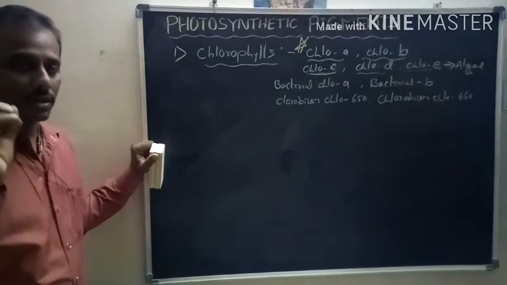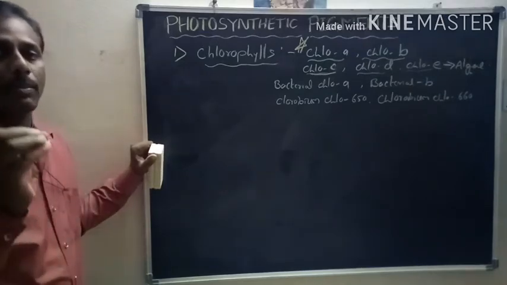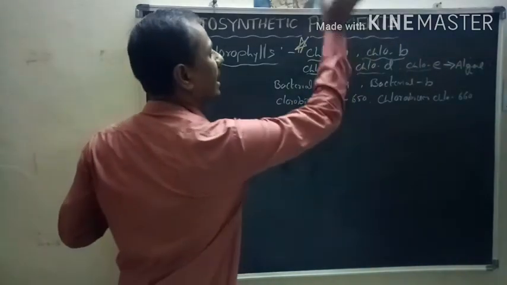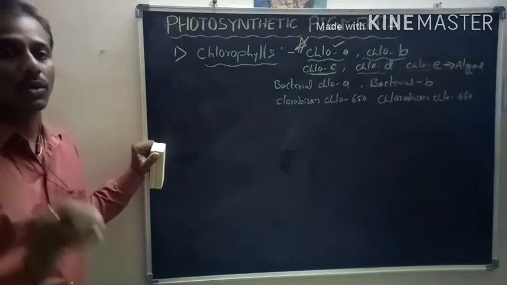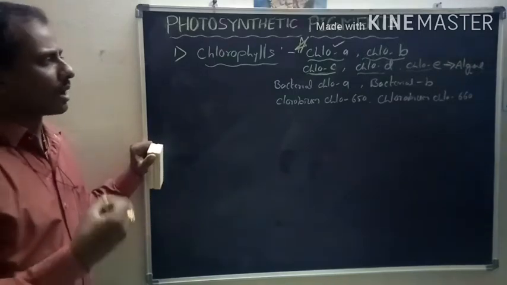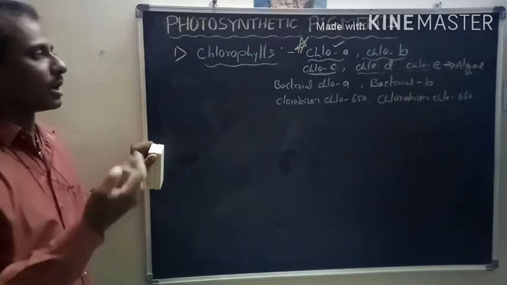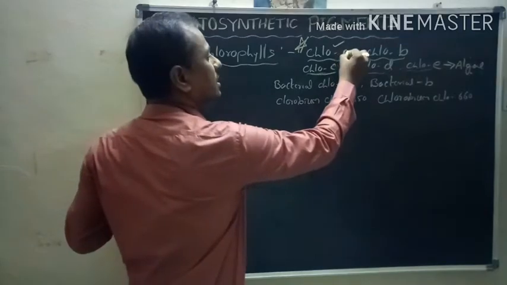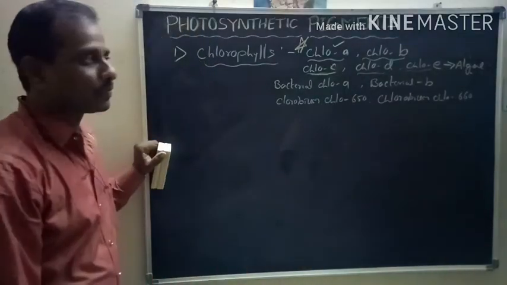That means the chloroplast must contain chlorophyll A. Chlorophyll A is present in algae and other photosynthetic autotrophs. All the autotrophs have chlorophyll A.